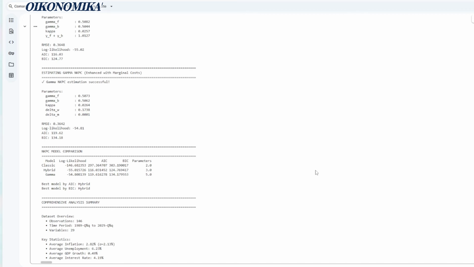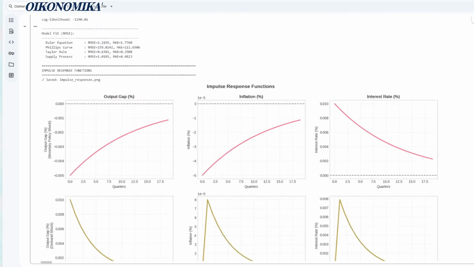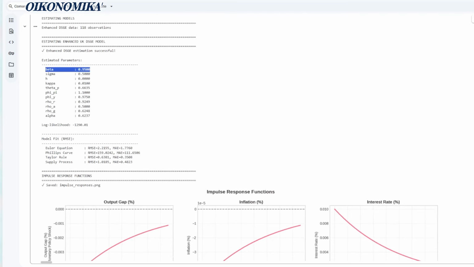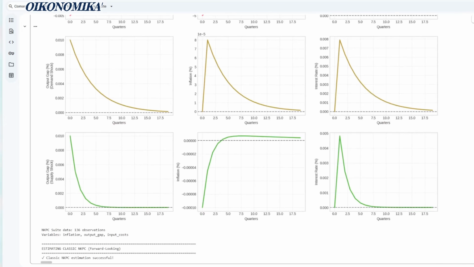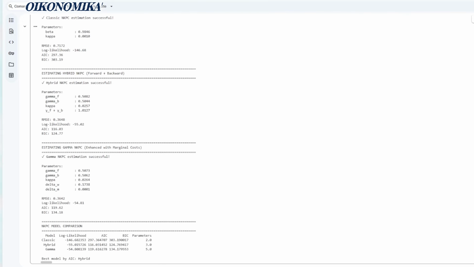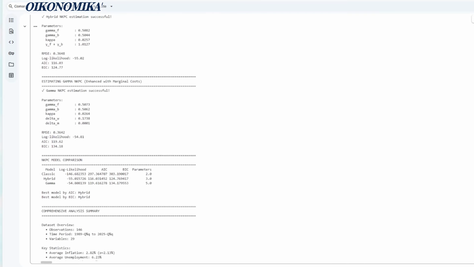consumer household expectation of inflation, the beta factor, which is the household component or propensity to consume immediately, to value consumption now vis-a-vis saving for later. Sorry, I need some water probably.